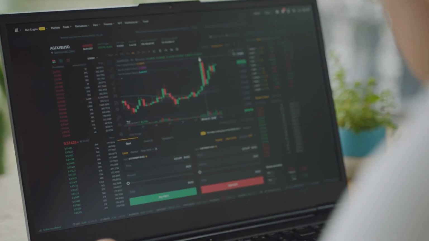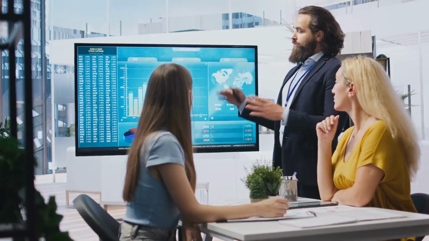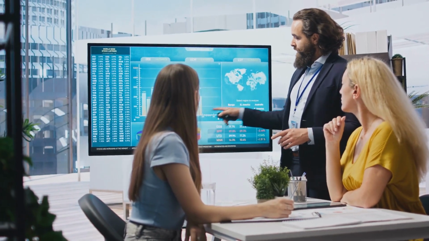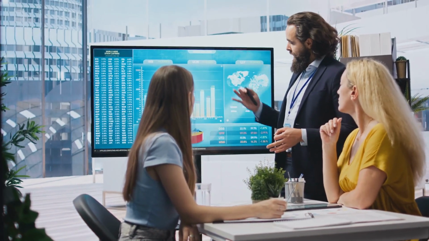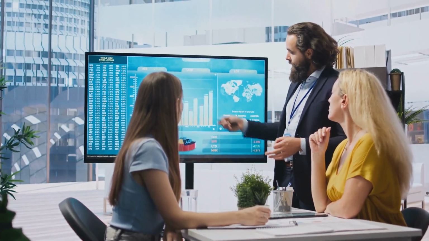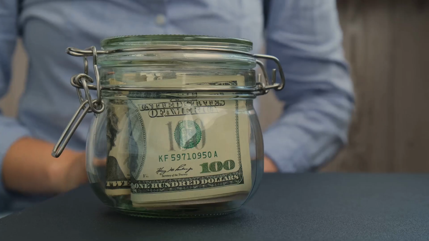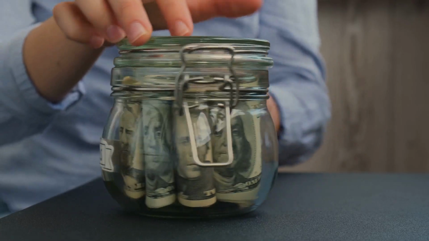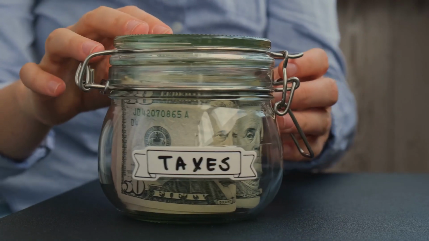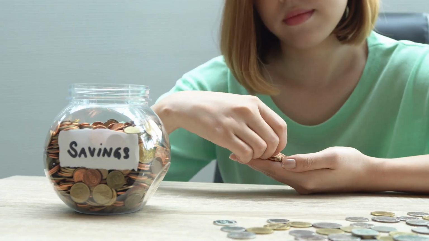For your mid-term bucket, you put $15,000 for the car into bonds or a conservative mix of stocks and bonds. It's low risk, but with growth potential. For your long-term bucket, you invest $485,000 for retirement in a diversified portfolio of stocks and index funds, since you have time to weather market volatility, see? You've got everything planned out with clear goals and the right investment strategy for each bucket.